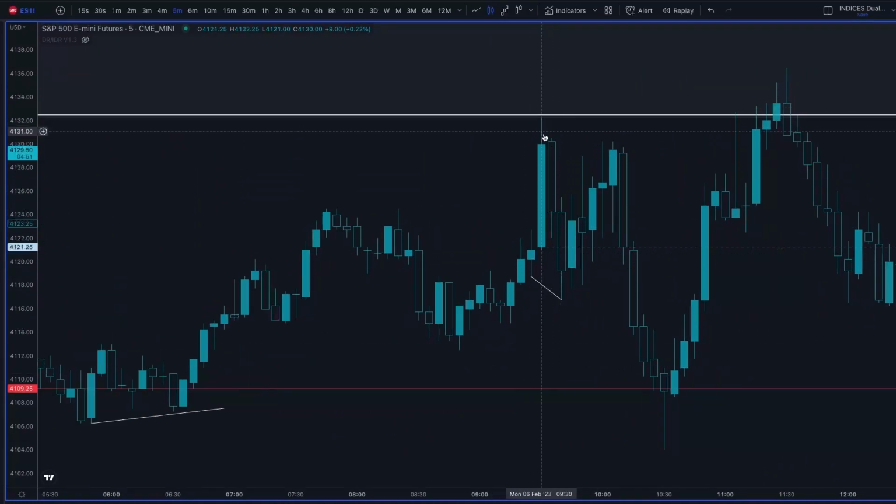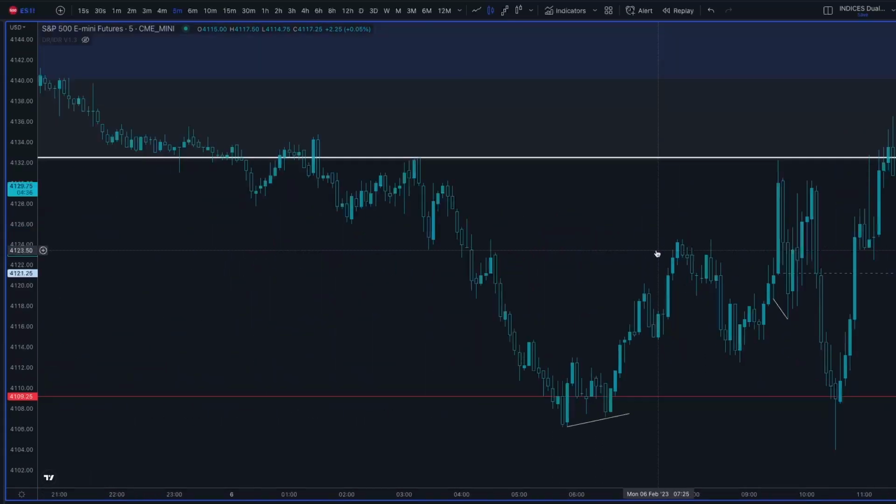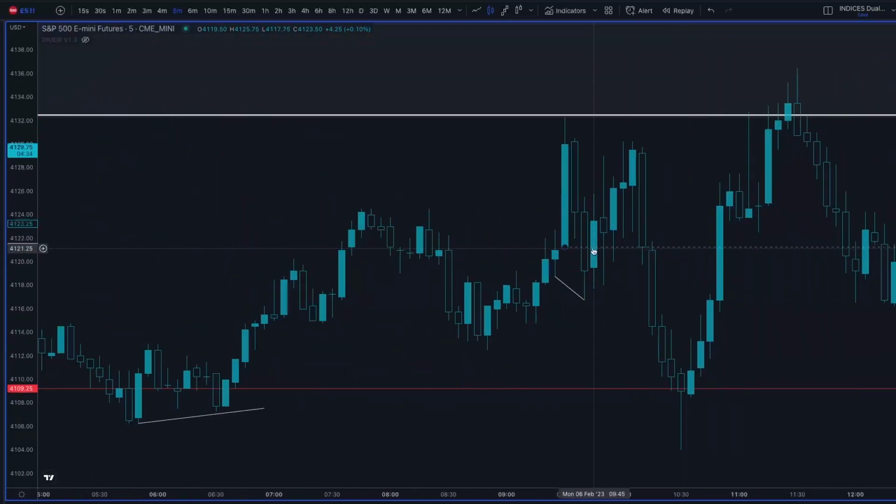So it is an area where we could expect to target, and it did come very close to it on this first push up. But clearly I don't have a similar level in line with my entry on the lower time frame. There's no equally good higher time frame level here like I had on Nasdaq. So that was why it was an easy choice for me to choose Nasdaq today.